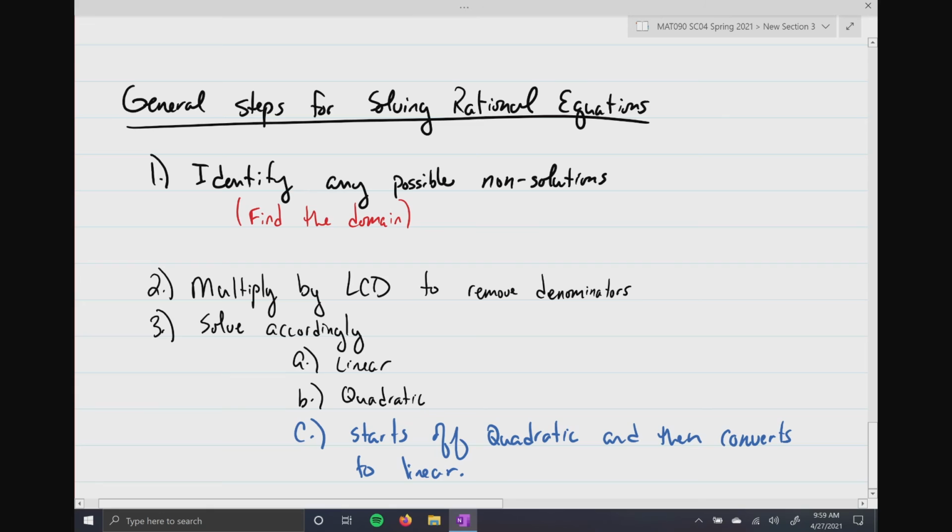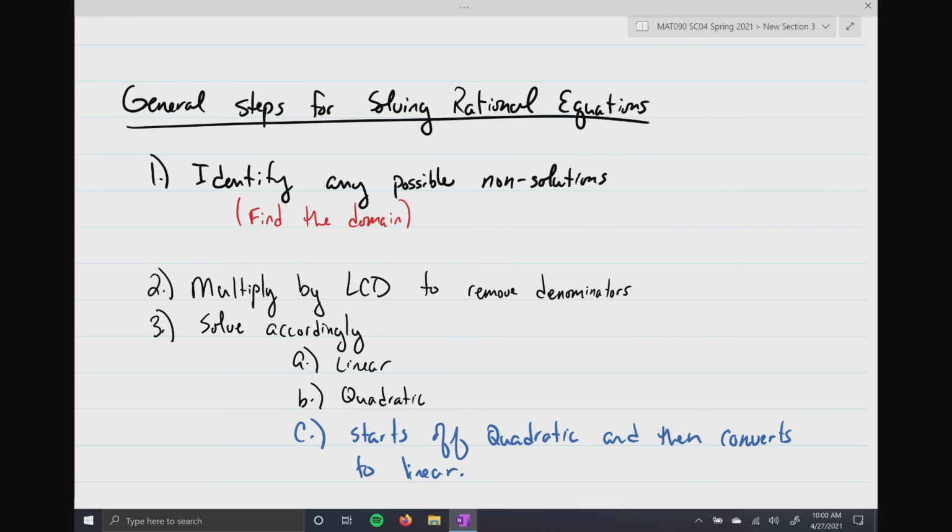You can run into the situation where initially the problem starts off as a quadratic. And then it'll actually convert itself into a linear equation. When that occurs, your x squared terms will actually cancel each other out. That can happen. The idea behind this is knowing what type of problem you have every single step.